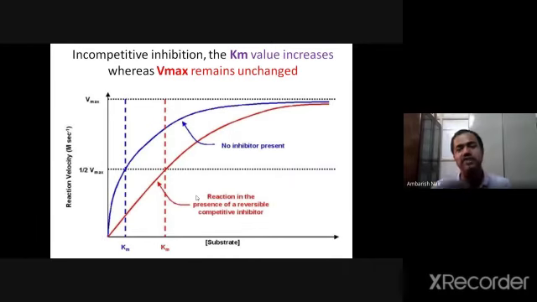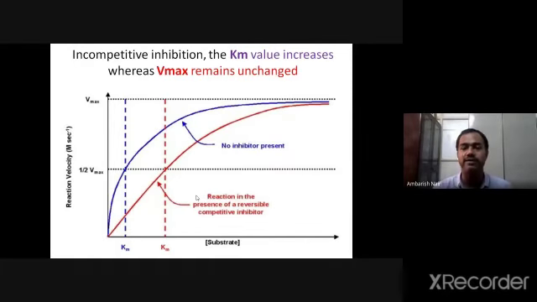Why is this change in the hyperbolic curve happening? In the presence of competitive inhibition, the Km value increases, but there is no change in Vmax.